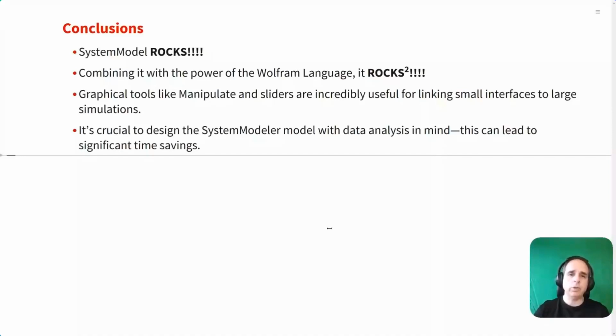For that to actually be a reality, there has to be some premeditated thinking on how to set up the model in SystemModeler, because there's some processing that is much more interesting to be done in SystemModeler than in the Wolfram language, which is a more generic language environment.